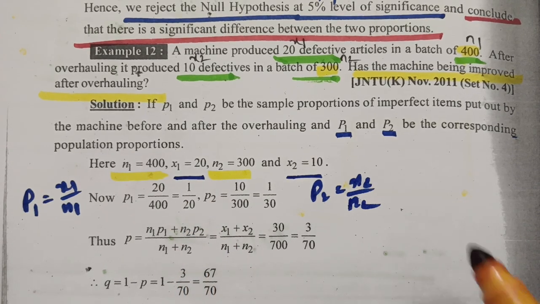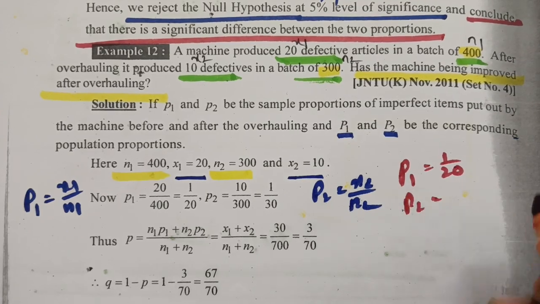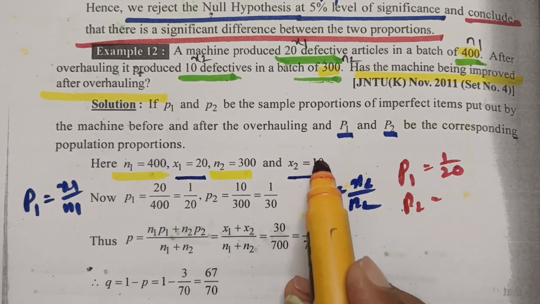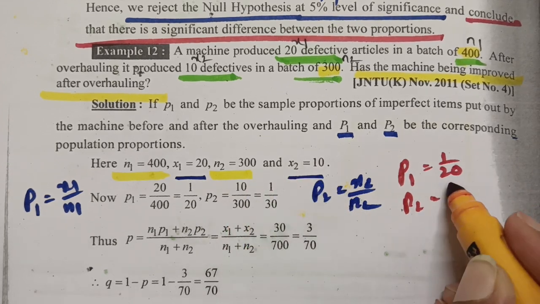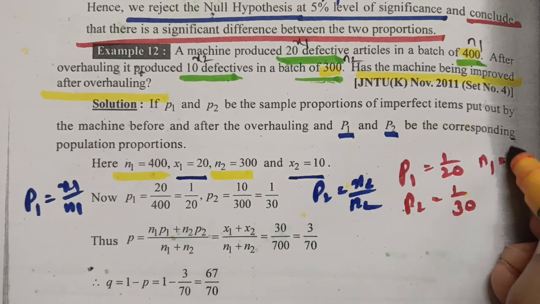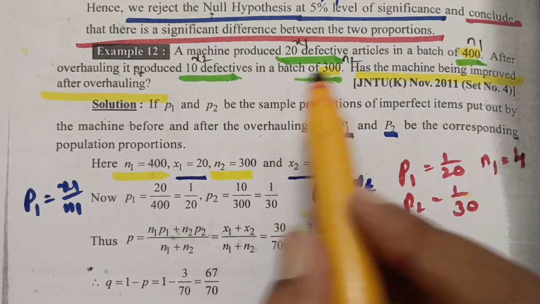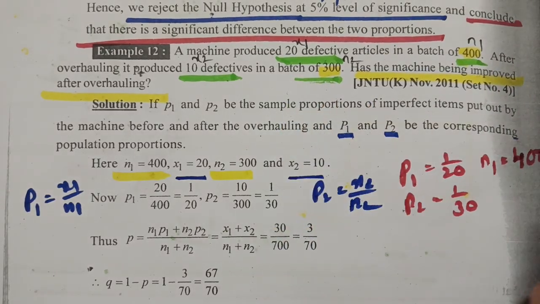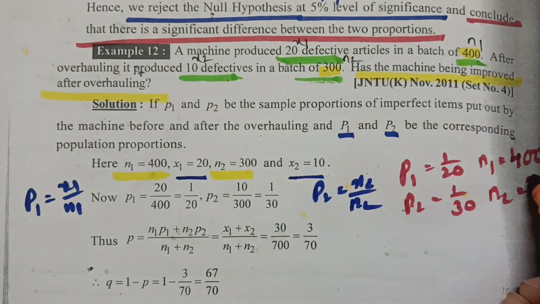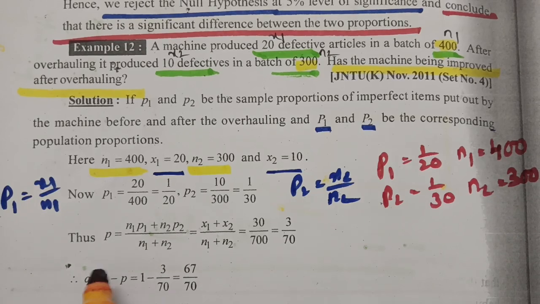The P1 value is 1 by 20, and what is P2? x2 by n2, that is 10 by 300, which is 1 by 30. So n1 is equal to 400 from the question, and n2 is equal to 300 from the question. Clear. And now we have to calculate the small p value.